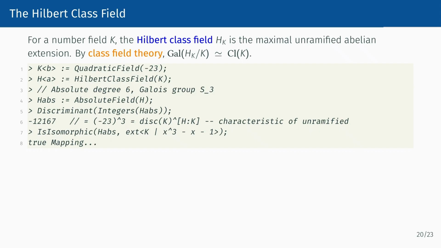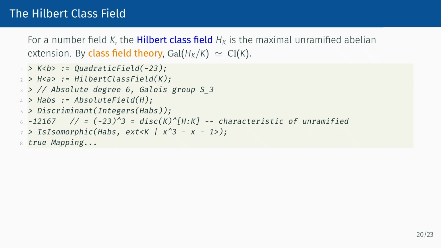Notice that Magma a priori gives us this field as an extension of K, so as a relative field. So if you want to look at it as an extension of Q, then we needed to change it to the absolute field. This is this H abs.